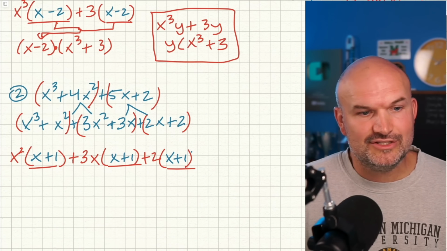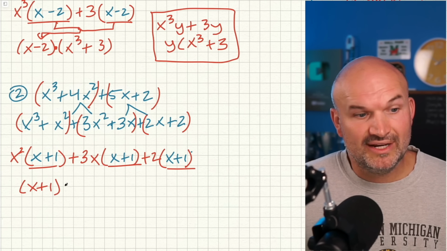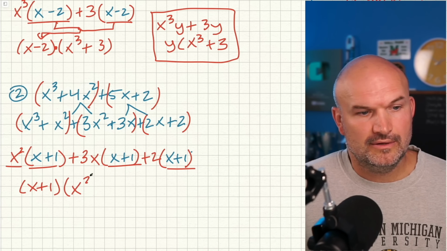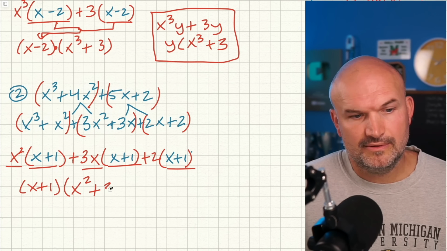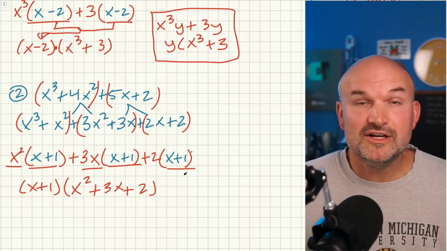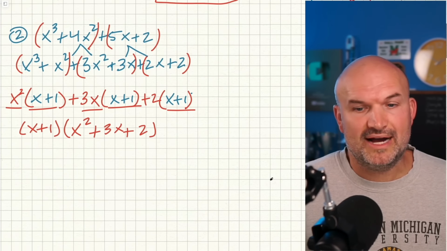So when I go ahead and do that, I get an x plus 1 times what's left over, an x squared plus a 3x plus a 2. Okay, so now what I've done is I've rewritten this as a product of 2 binomials.